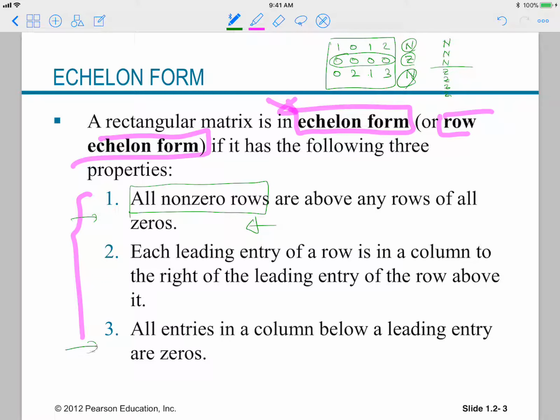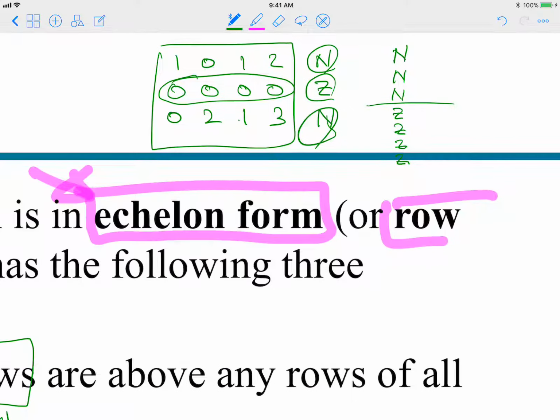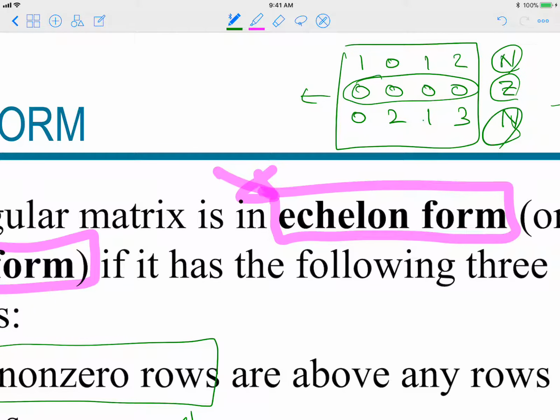And then let's first look at the third requirement, because it is a little bit easier than the second one. So given this matrix, let's change it so that it satisfies the first condition by simply swapping the second and the third rows.